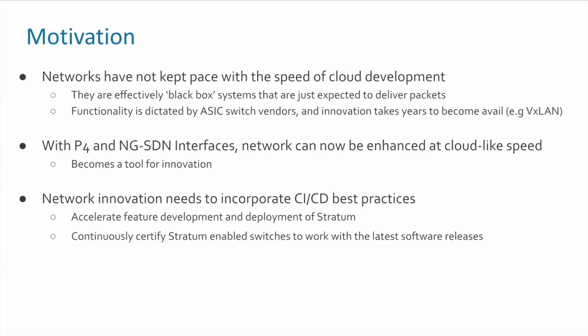Network innovation needs to incorporate new CI/CD best practices. This will result in accelerated feature development and deployment of Stratum. And also, it will provide a way to continuously certify Stratum-enabled switches to work with the latest software releases.